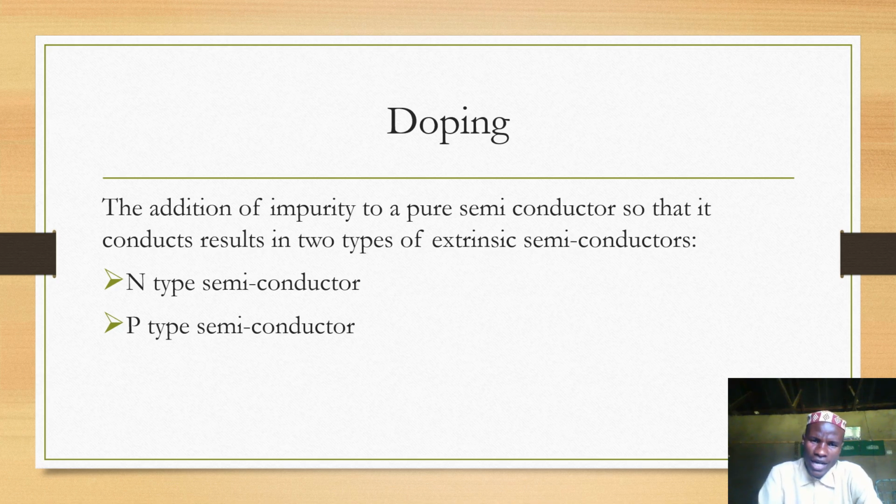Then under doping, we said that it is the addition of an impurity to a pure semiconductor to enhance its electrical conductivity. So when we introduce an impurity to a pure semiconductor, we come up with two types of semiconductors. One is the N-type semiconductor, and two is the P-type semiconductor.